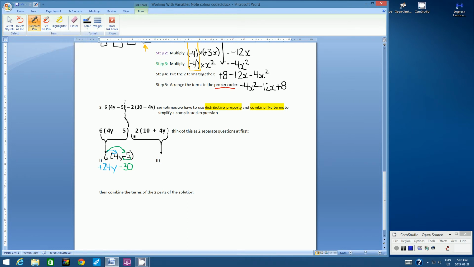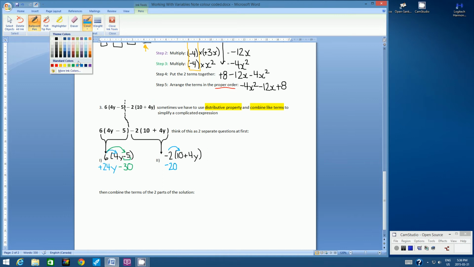And let's work on the second half of the question. So the second half of the question starts with negative 2 outside the bracket. And then we have 10 plus 4y. So let's set it up the exact same way. I'm going to use the same color coding. All right, so step 1, we multiply what's on the outside to the first term. So negative 2 times 10. Negative 2 times 10 is negative 20.